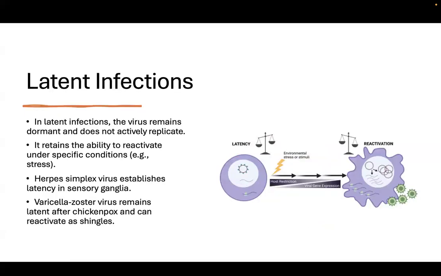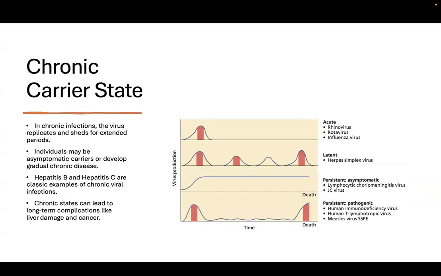Then we have latent infections. Latent infections are a bit different from chronic in the sense that the virus comes inside, starts to produce a lot of viral copies and do a lot of damage, and then it stops. It goes into a latency step, but no virus is being produced. The difference between latent and chronic is that in chronic, viruses are being produced.